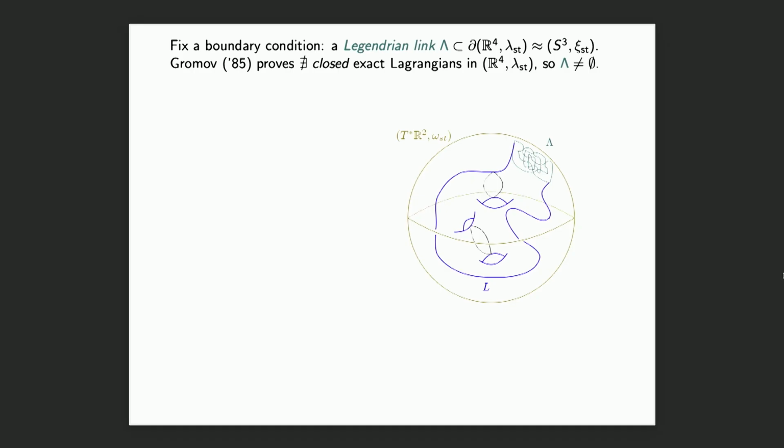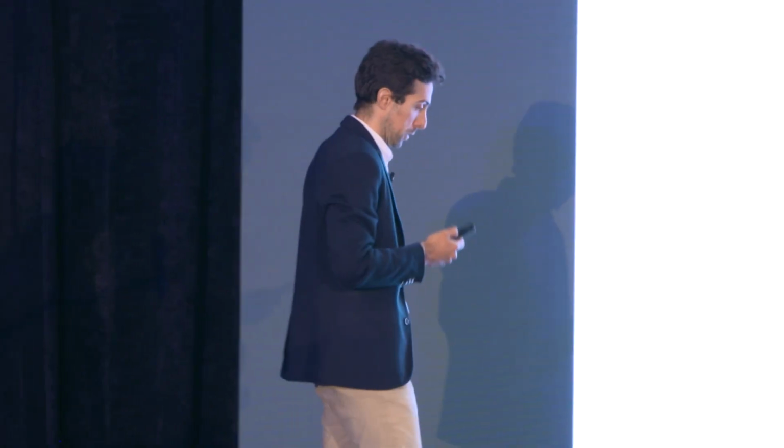Misha Gromov in 1985 proved that those cannot exist. So the boundary condition necessarily must be non-empty. Any exact Lagrangian must go to the boundary, and so the problem of classifying starts with putting a boundary condition, and now trying to classify those Lagrangians that have that boundary condition at infinity, or if you wish, at the 3-sphere with large enough radius. Is that clear? So that's why we have this boundary condition.